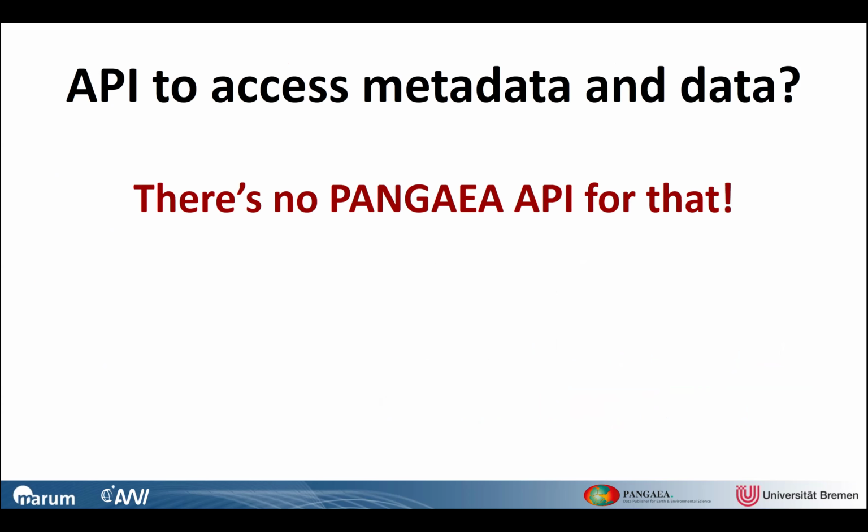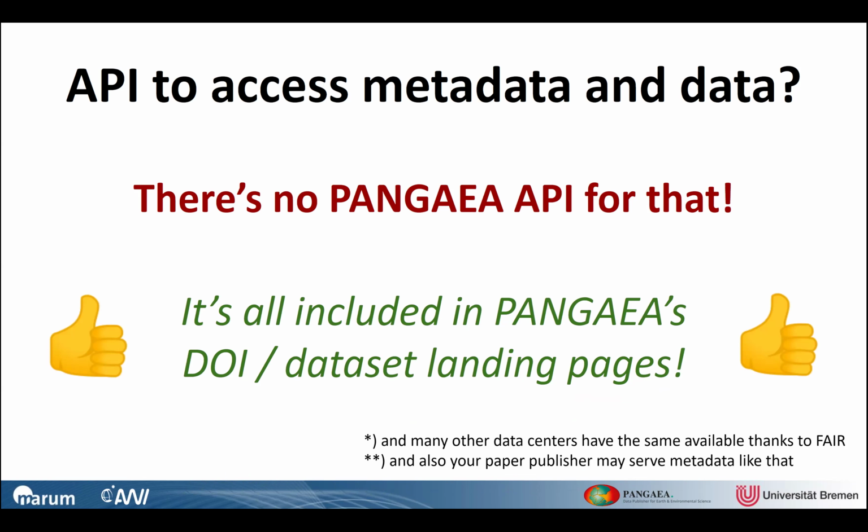If you only have the DOI, you can request that DOI and say, I don't want to see the HTML page that you see in your browser, but instead I want to get the information in machine readable form. And that's especially important to be a FAIR compatible repository, because that's one of the requirements, that your repository is able to deliver the metadata for machines, not only for humans sitting in the browser, opening a DOI.